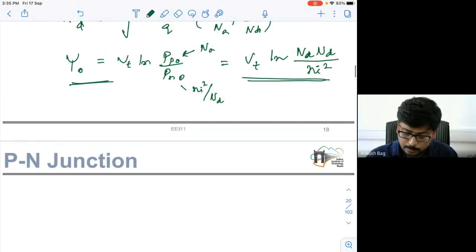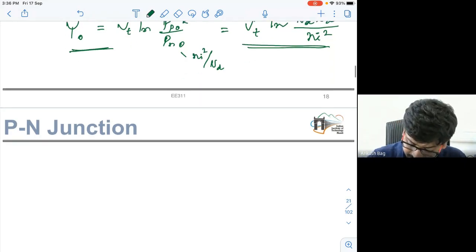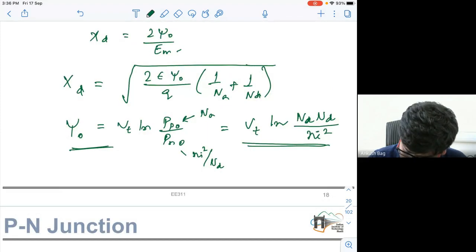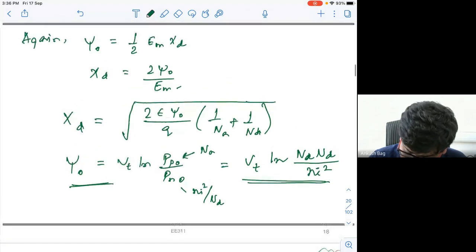So now, what is the time now? Okay, so now we have almost derived all the necessary parameters, psi naught, xt.